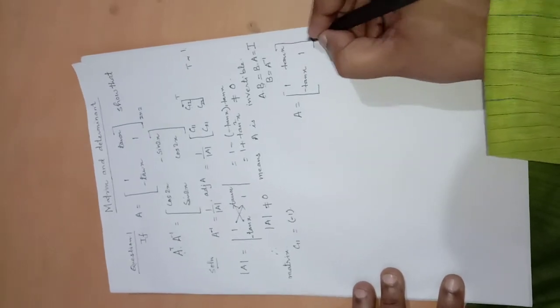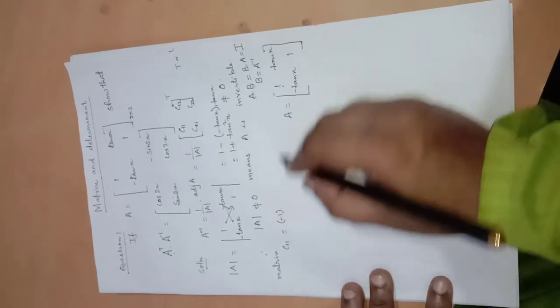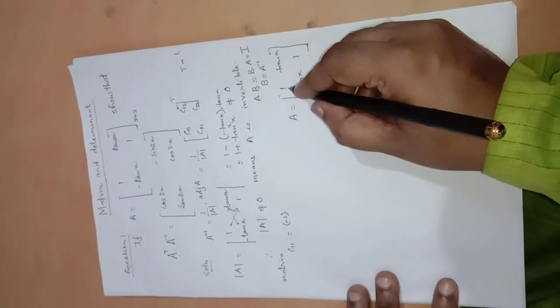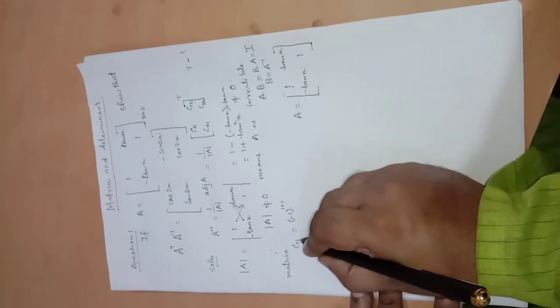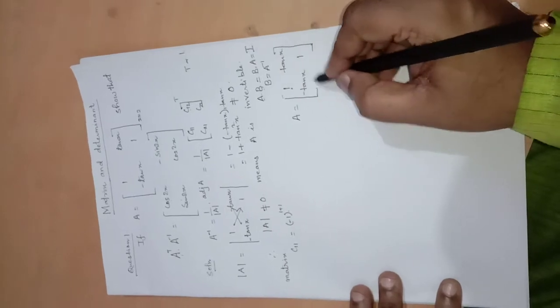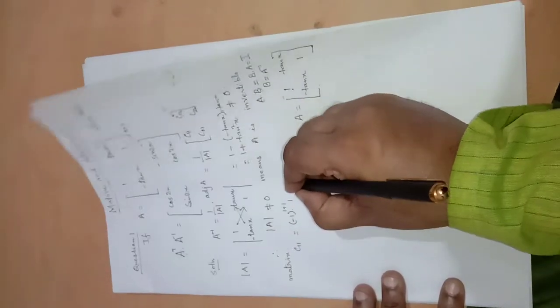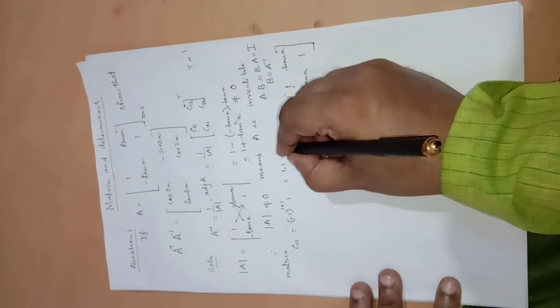We have to find the cofactor of the first element, which is in the first row and first column. So it is 1 plus 1, and now we will remove this row and this column. We are getting 1. So it is 1 into 1, equal to 1.